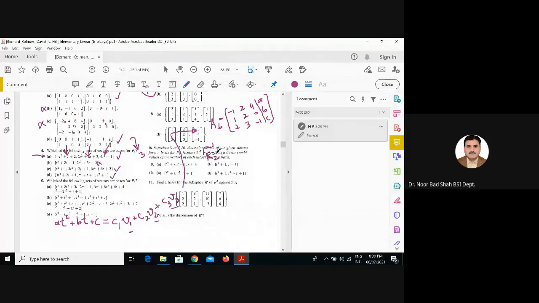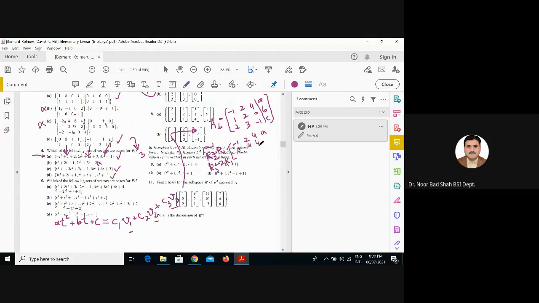So we go for R2 plus R1 and R3 plus 2R1. So what would it be? -1, 2, 4, A. 1 plus 1 is 0. 2 plus 2 is 4.